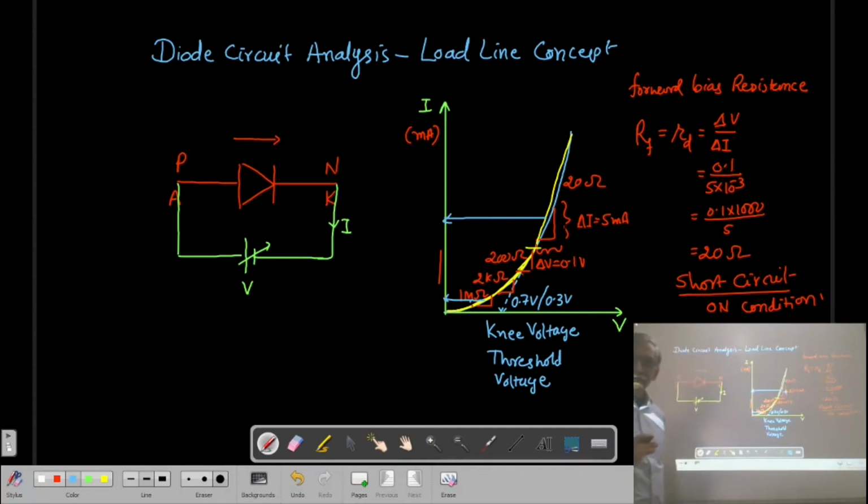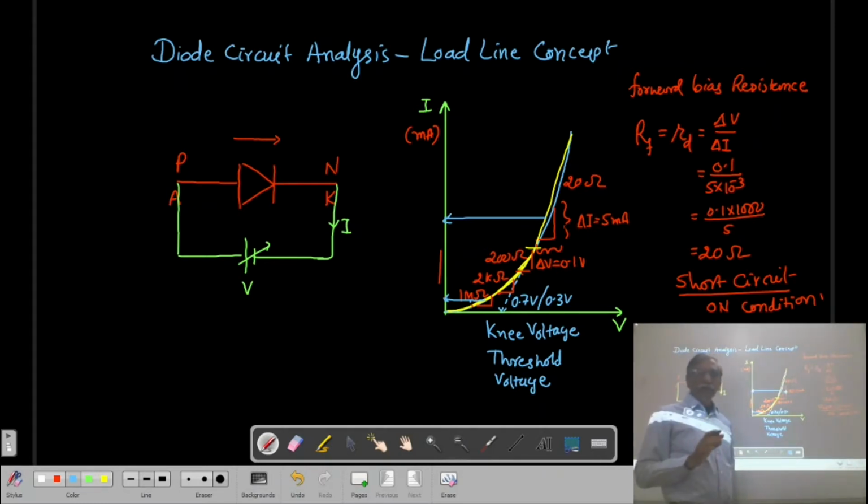Correct? This is very important for the analysis of diode circuits. Okay. Now, what do we mean by forward bias? Forward bias doesn't simply mean that we are connecting positive to the anode and negative to the cathode.